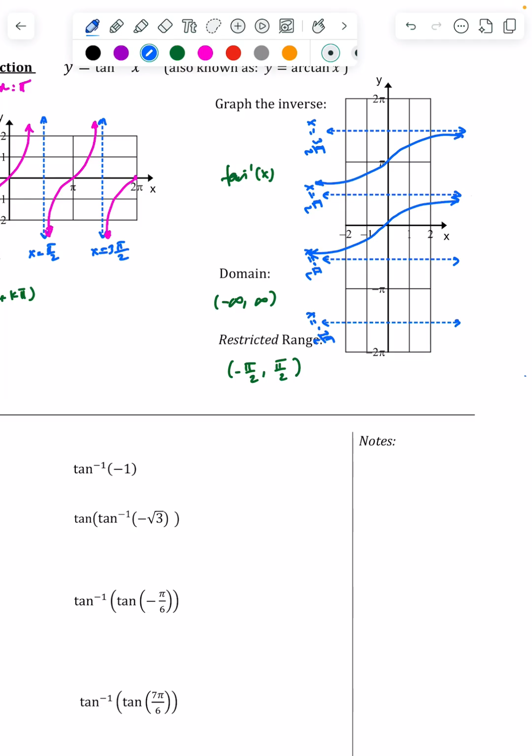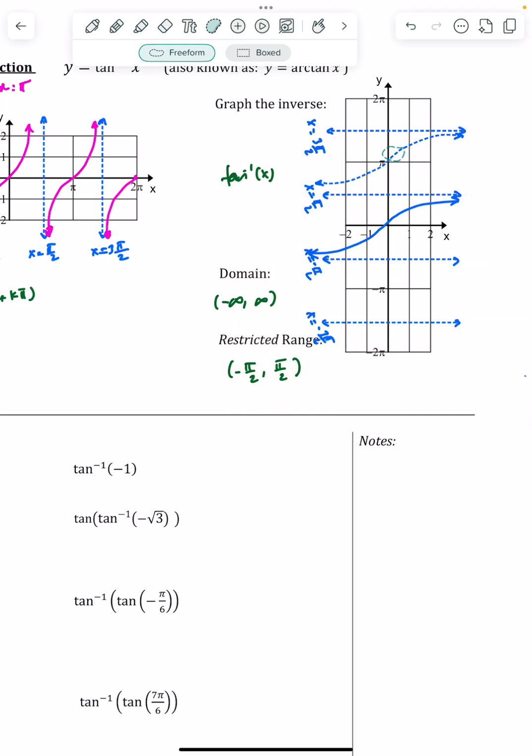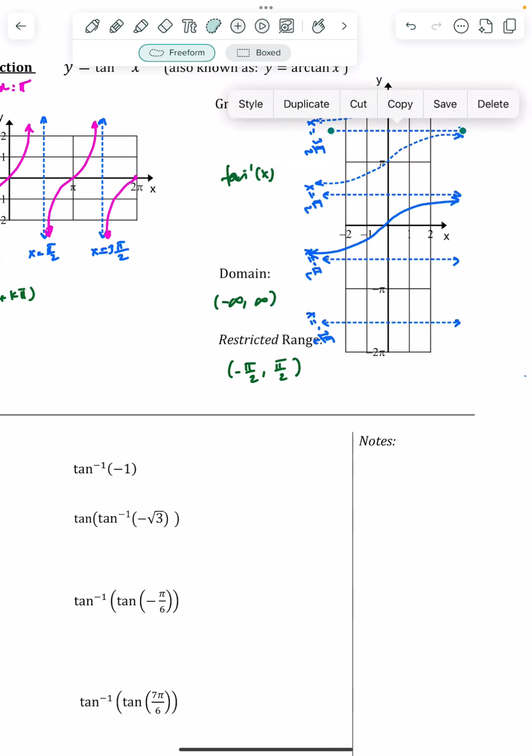So all these I'm about to graph are going to be dashed, or dotted in this case. Okay, you can dash it, it's fine, as long as it's not a full solid graph. And then same here. And please extend your graphs so they look like they're asymptotic. So try to extend them, don't make them short.